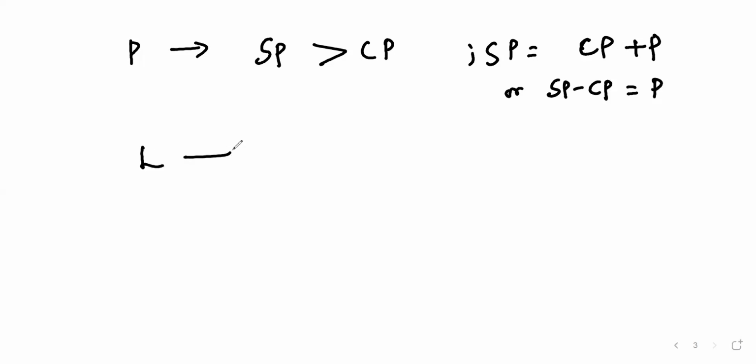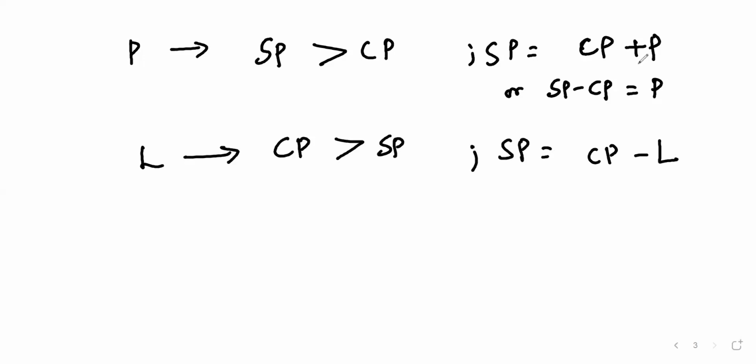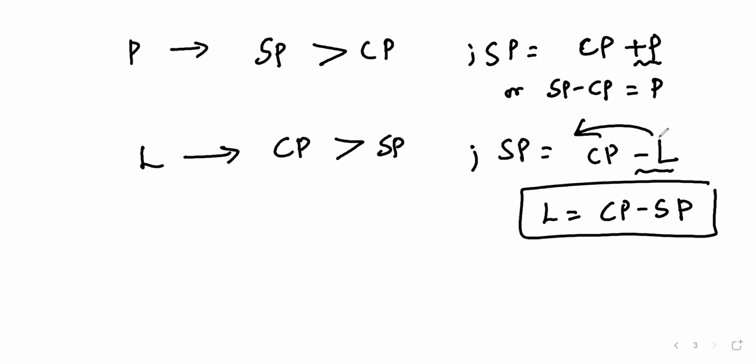And loss is when cost price is more than selling price. So when you're computing the selling price, you have to do cost price minus loss. Or you can take loss that side, minus loss, the L will become positive, cost price minus selling price. So this is the related formula you should be aware of.